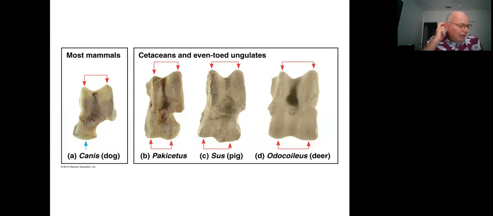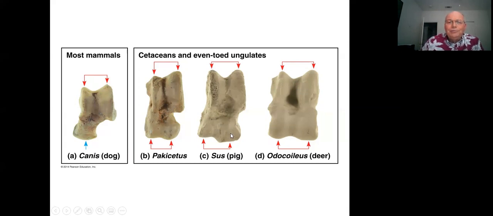So ungulates are animals that are herbivorous, and in the case of some of them, they chew their cud. In other words, they regurgitate their food and chew it a second time. And they have a very unique ankle structure with two lobes in a very specific location on the base of the ankle bone.